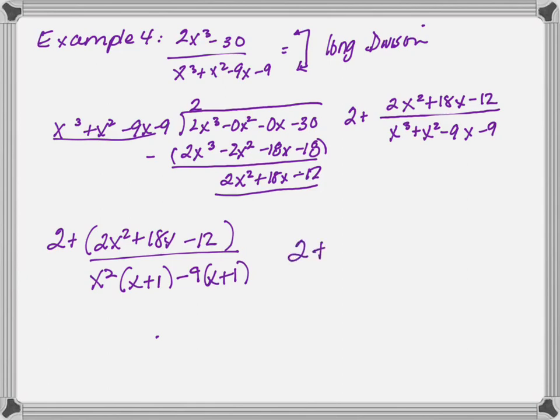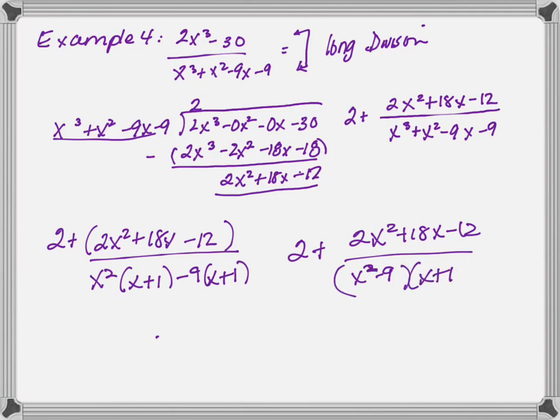So this becomes 2 plus 2x squared plus 18x minus 12 over x squared minus 9, and x plus 1.